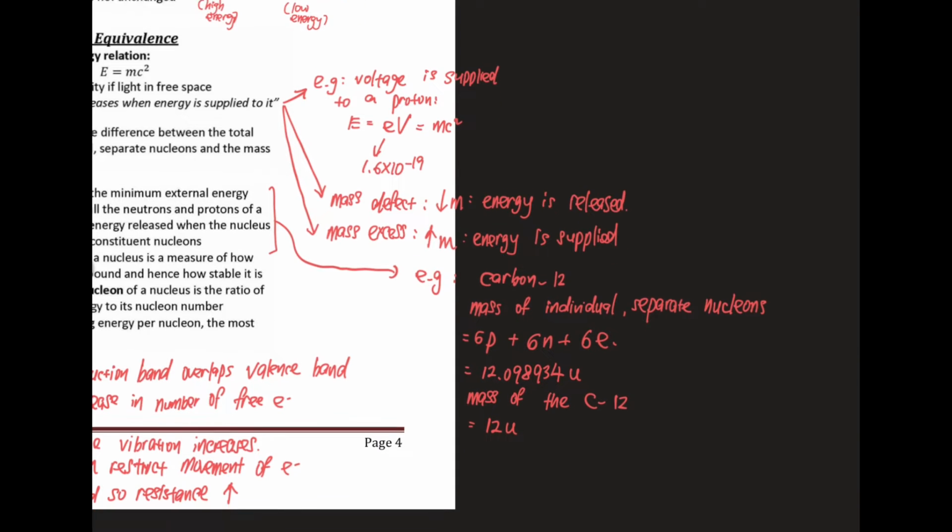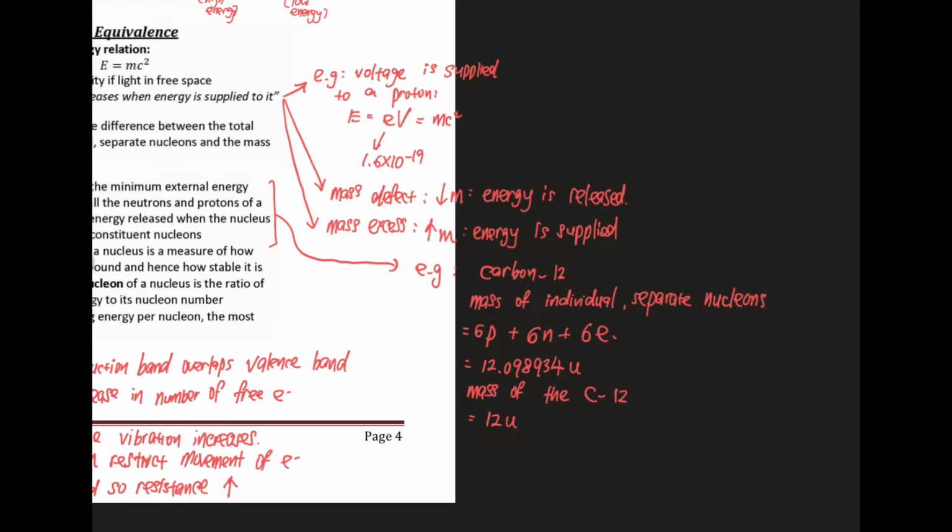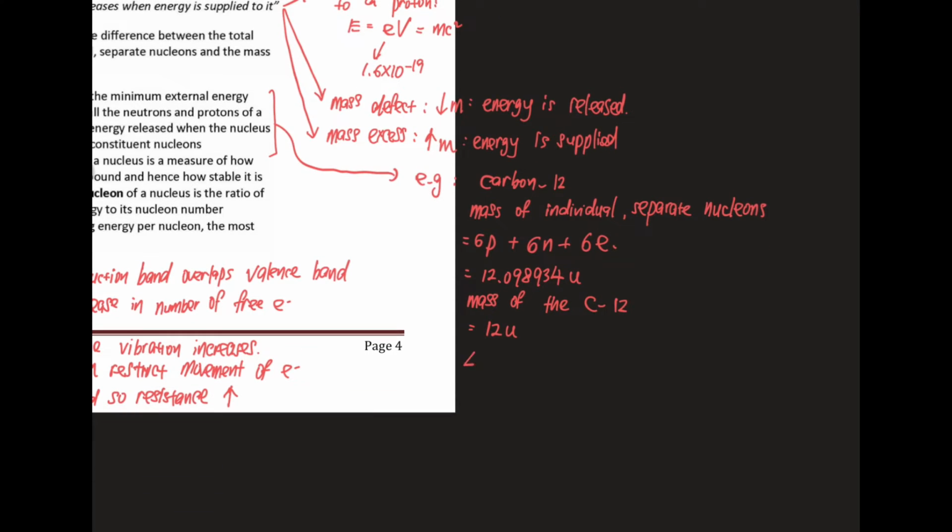You realize that if you count the mass of individual protons, neutrons, and electrons, you get mass that is slightly greater than the mass of carbon 12 atom itself. So that means there is a delta M. We subtract these two, then you get 0.098934 u. This is the delta M, and then you can use this to count the binding energy.